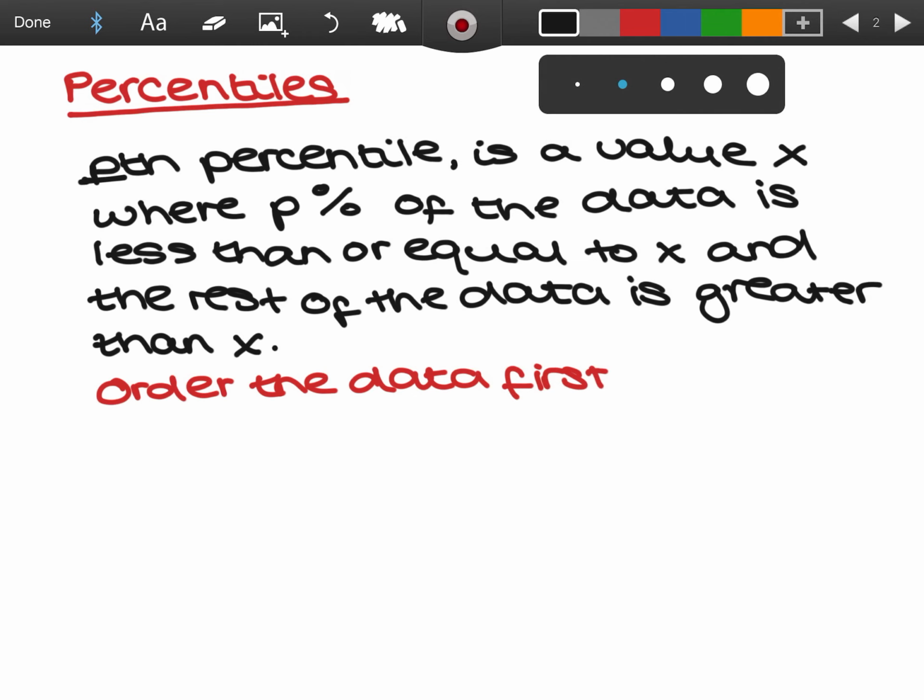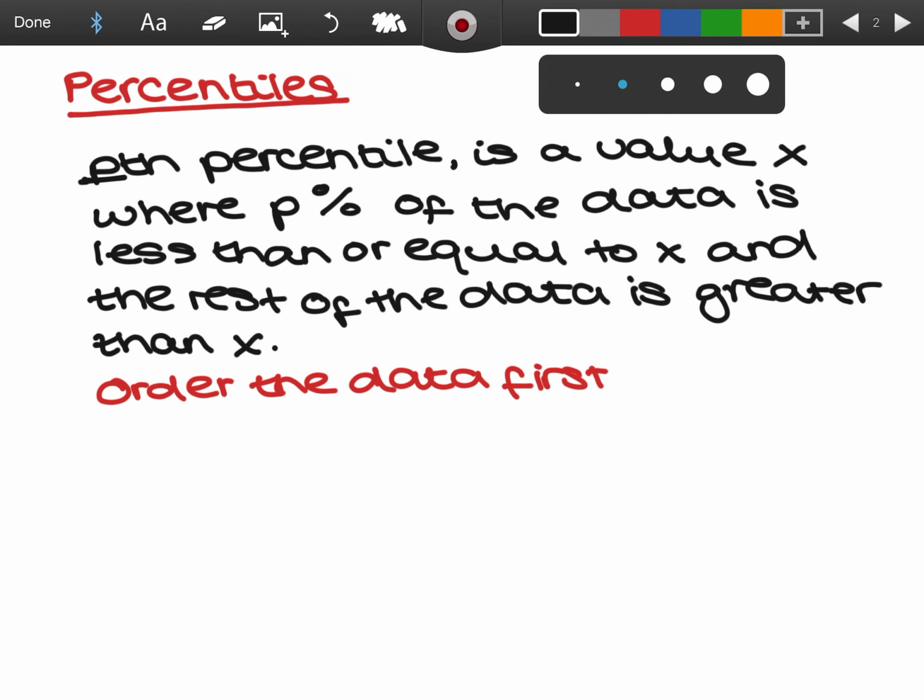So when it says to find a certain percentile, you're going to be looking for the value. But the way that you calculate that value is by finding out the position of that value, okay? So you're going to order your data, and then we're going to find the position of the pth percentile, whatever p may be. We're going to find the position of that particular percentile, and then we're going to look at the value in that position, and that value is our pth percentile.